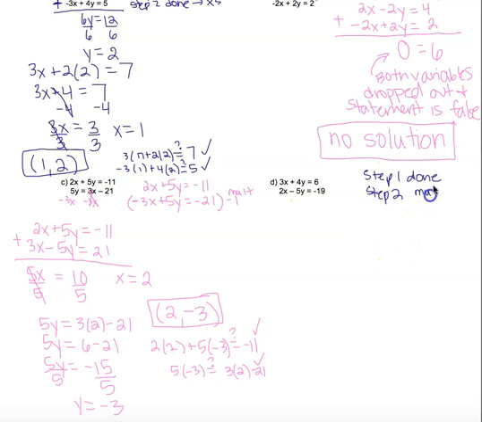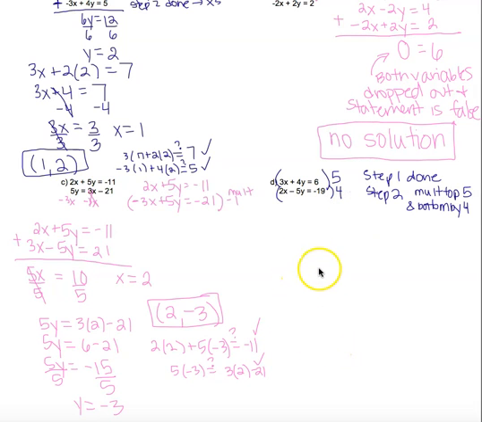I'm going to multiply the top by 5, because that's going to give me 20y, and the bottom by 4, because if I multiply negative 5 by 4, I get negative 20, and that'll give me my opposites. So top by 5, bottom by 4.